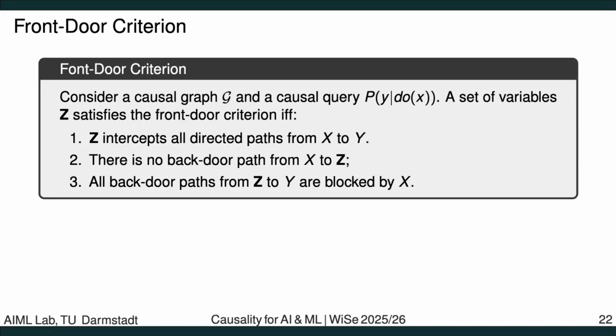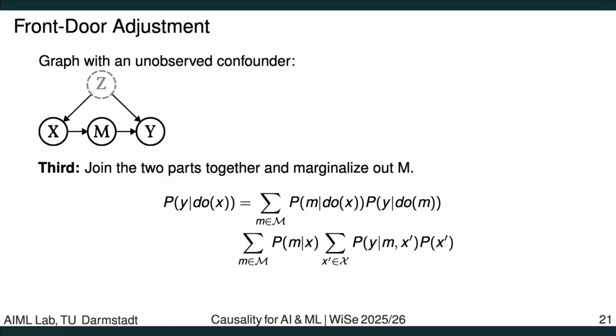And again, because we saw in the second part of our derivation, there might be backdoor paths happening from z to y. Like if we want to do this do z onto y, they need to all be blocked by x, basically. So really, this is the second part, right? Telling us there might be backdoor paths, but we can block them.